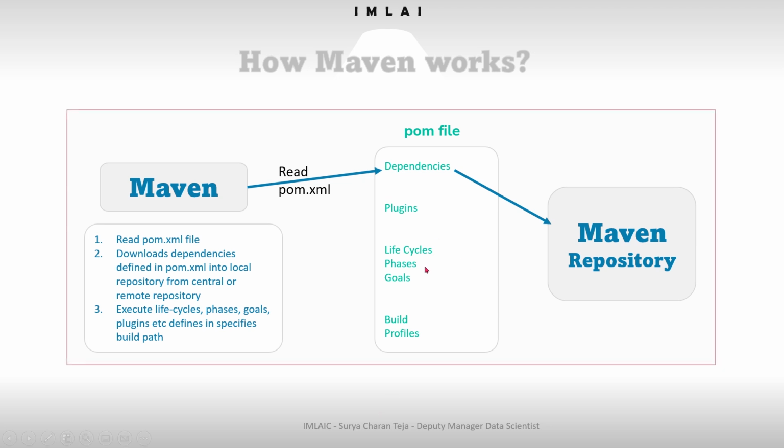Then life cycle phases, goals, and build profiles. All this will be used by Maven to build the project. When you execute a Maven command, you give Maven a POM file to execute the commands. Maven basically reads this pom.xml file to accomplish its configuration and operations.